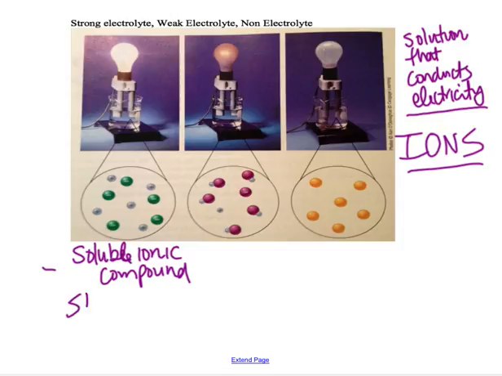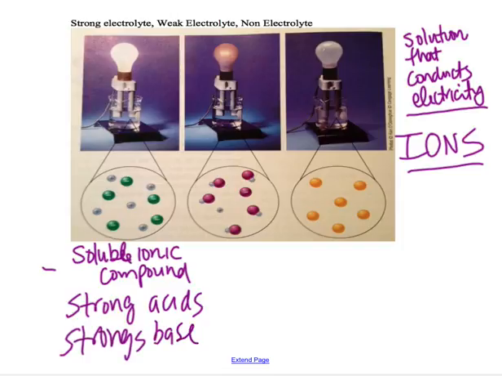Strong acids and strong bases, by definition, dissociate 100%. The acids dissociate into the H plus and whatever cation is attached. And then the strong bases give off that hydroxide along with its cation. So those things dissociate 100%, and those are examples of strong electrolytes.